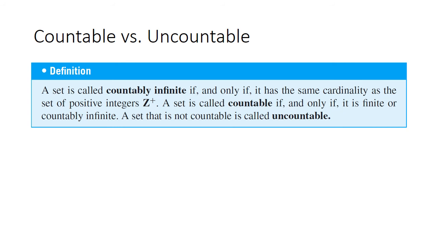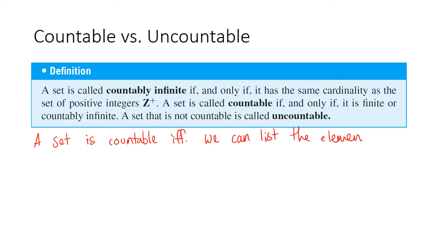But there's an alternative way that I want to think about this, and that is really just to do with counting itself. So a set is countable if and only if we can list the elements in some order. It doesn't really matter what order, just in a systematic way.